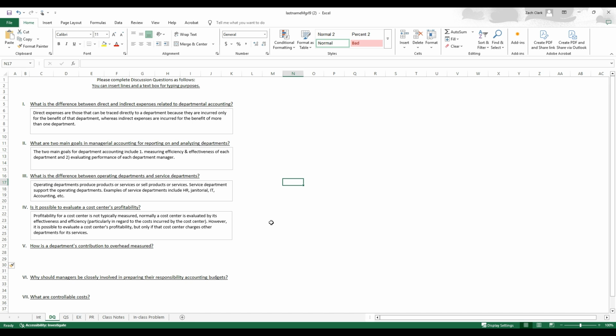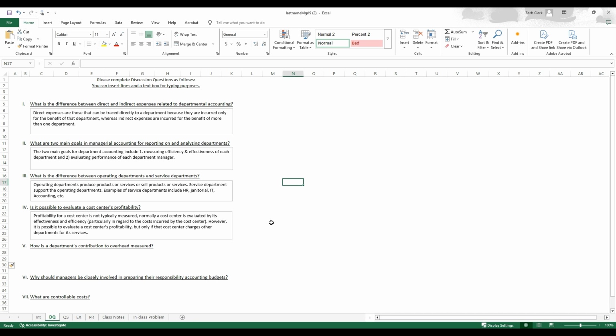And then if we want to evaluate this in terms of the cost center, then an IT, HR, janitorial department, whatever, is almost like a third party service provider. They are all internal and within one company. But think of it like, if that operating department, that sales department, was a standalone business and they had to contract out to get janitorial services or IT services or whatever, then you could have the servicing department charge.